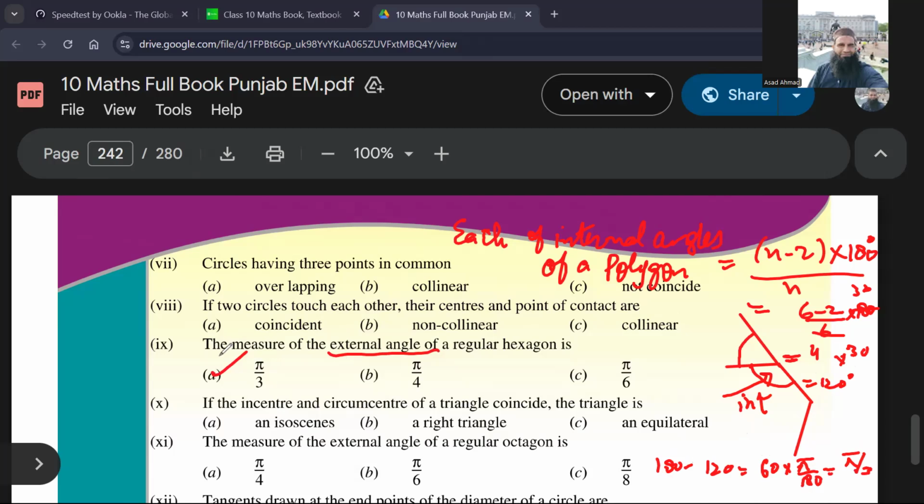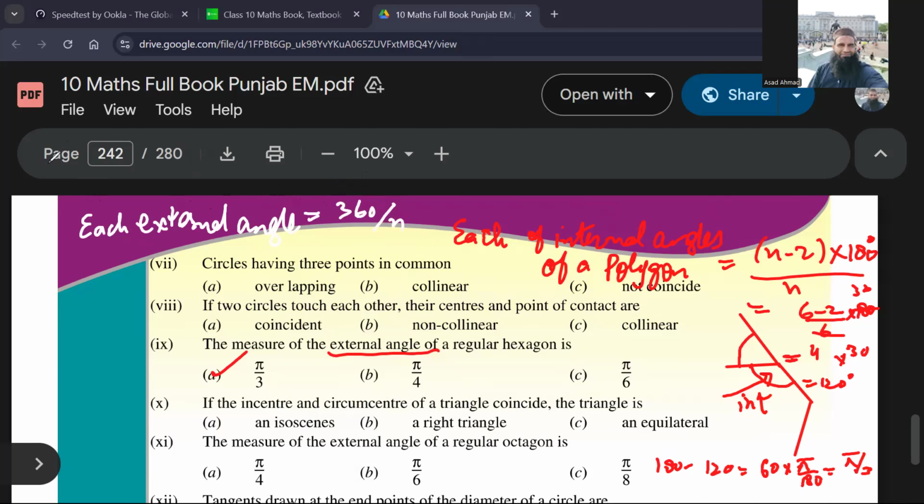One more thing, as a formula we have to remember, I'm writing it on the top: each external angle of a polygon is equal to 360 divided by n.